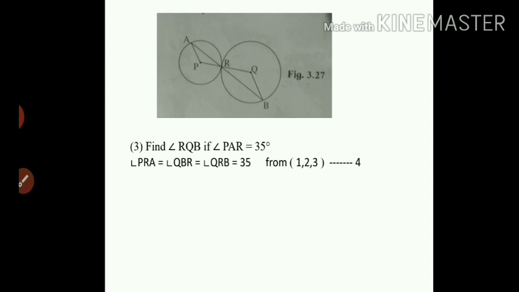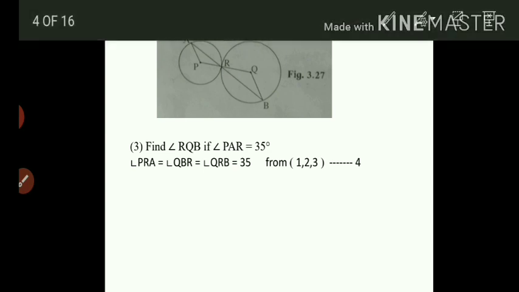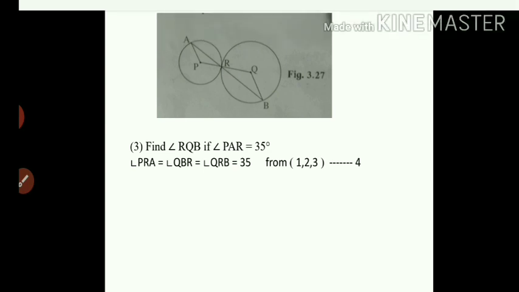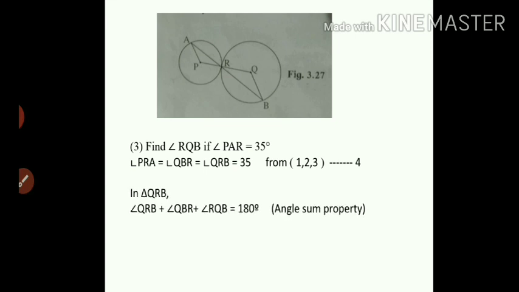Now I will consider triangle QRB. In a triangle, the sum of all three angles is 180, so angle QRB plus angle QBR plus angle RQB will be 180.